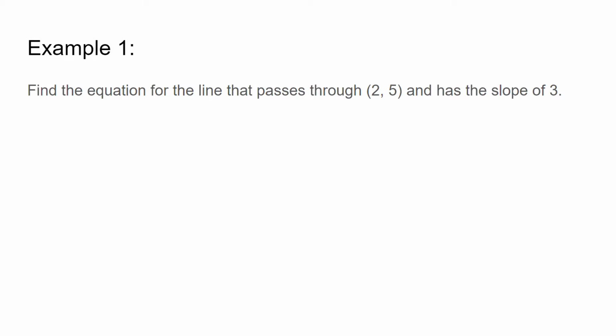An example would be finding the equation for the line that passes through (2, 5) and has a slope of 3.